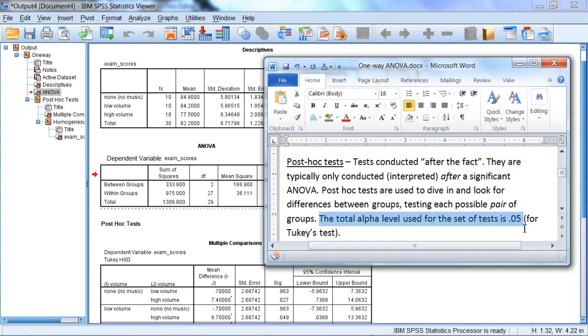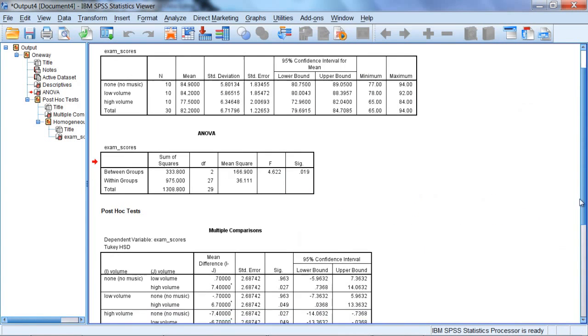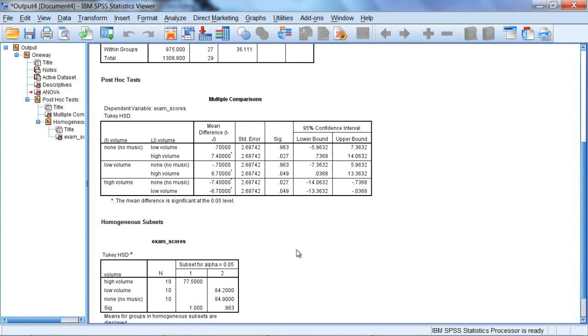Tukey's test does a good job at keeping the whole set of tests at 0.05. For Tukey's test, there are actually two tables that come out: the post hoc tests table, which is labeled multiple comparisons, and the homogeneous subsets table, which is labeled exam scores. We'll take a look at each of these in turn.